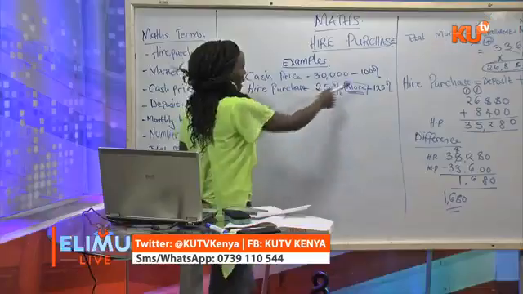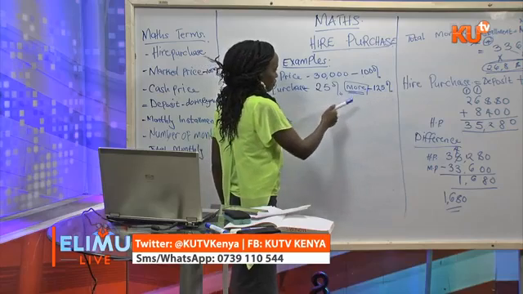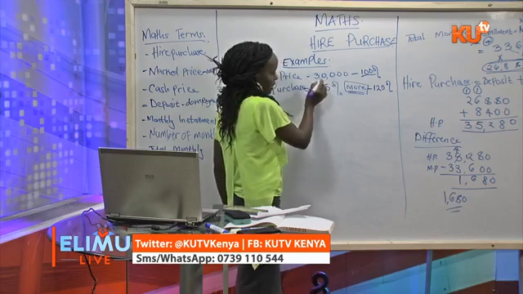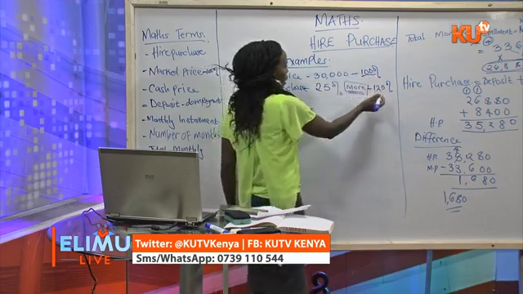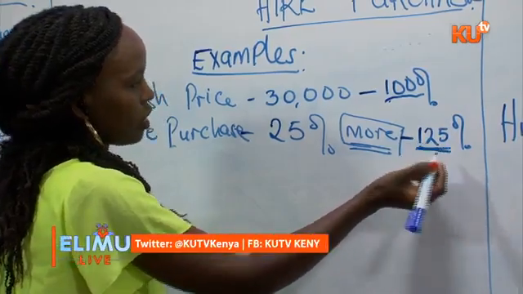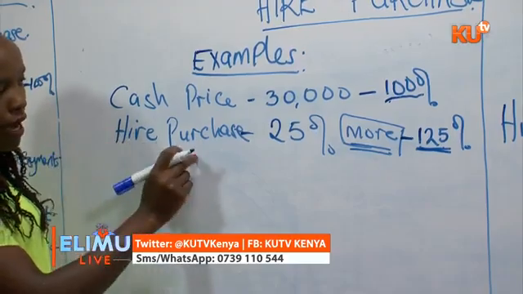So if the cash price is 100%, the hire purchase is 125%. So we know the value of our 100%. It is 30,000. Now we are looking for the value of 125%, so that we can get the amount that this person paid on hire purchase.